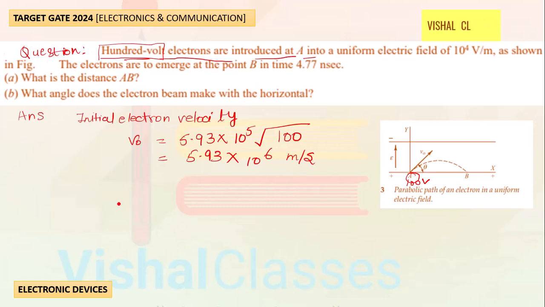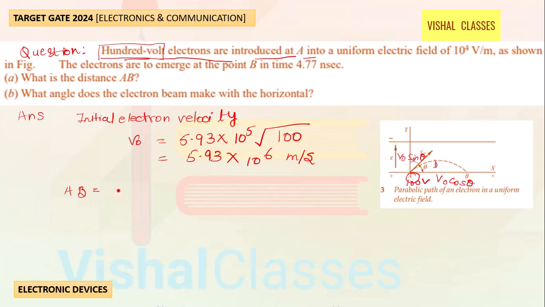Now next we have to calculate distance AB. Suppose this angle is theta, then this will be v naught cos theta, and this will be v naught sin theta.